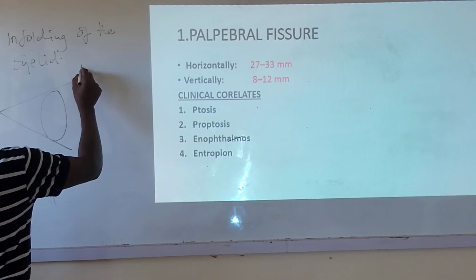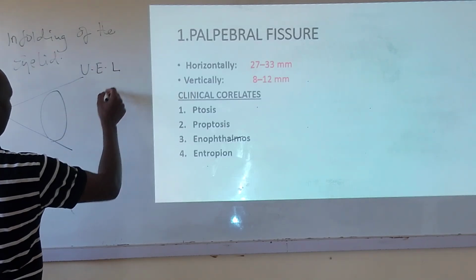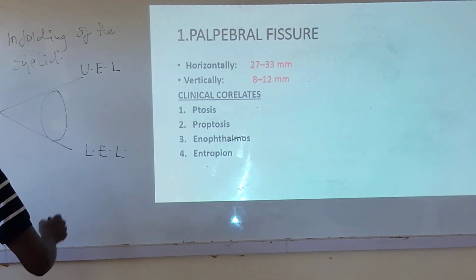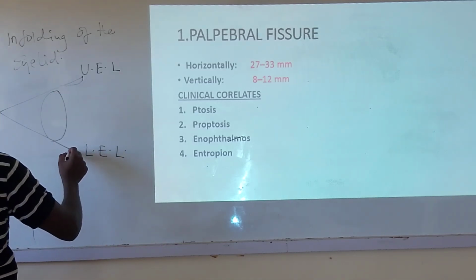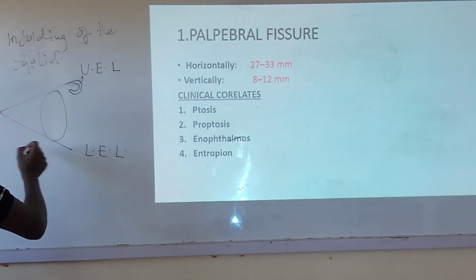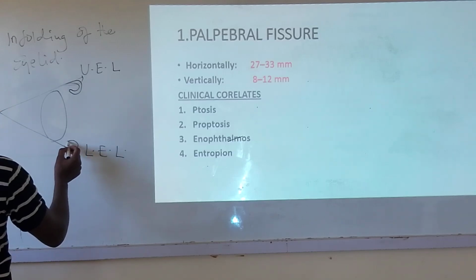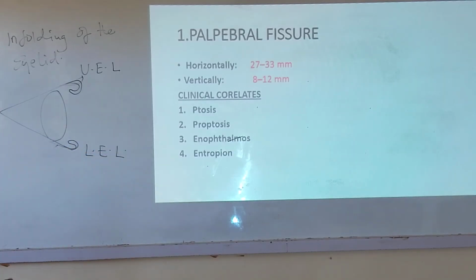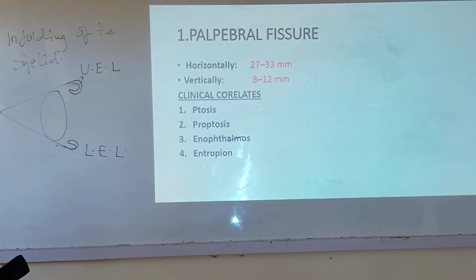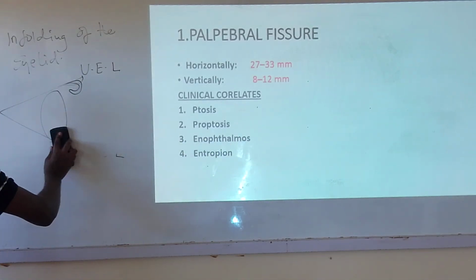This is the upper eyelid, and this is the lower eyelid. If an eyelid folds inside like this, that is what we call entropion. So entropion is basically the infolding of the eyelids, while enophthalmos is the sinking of the eyeball into the eye socket.